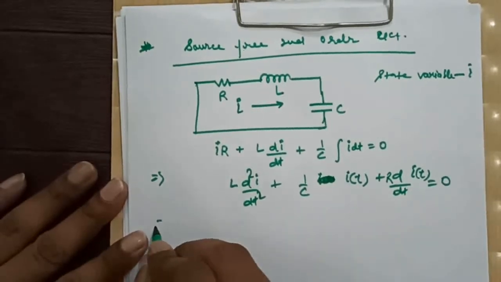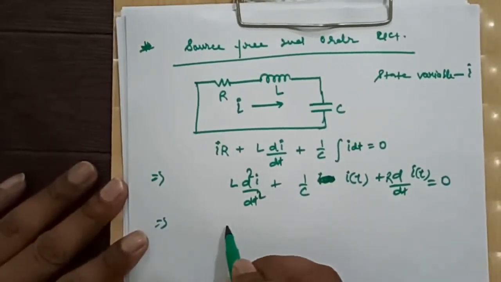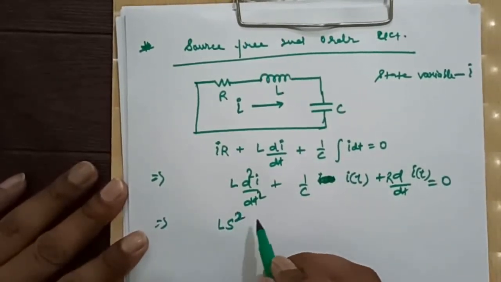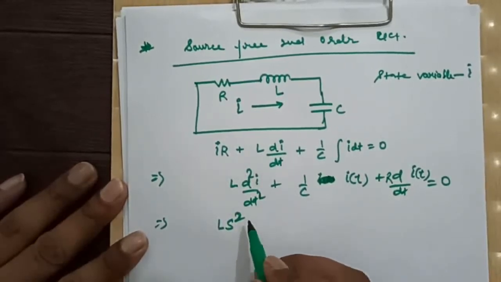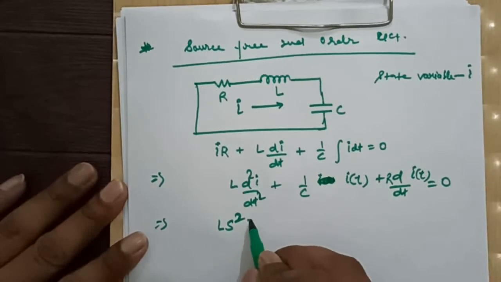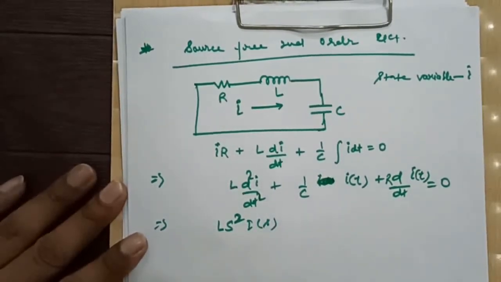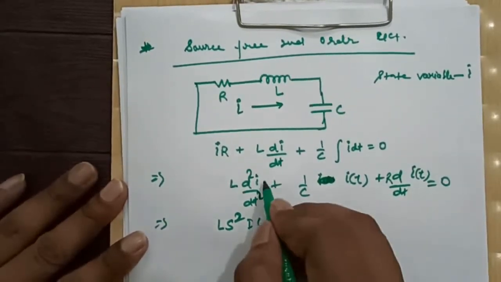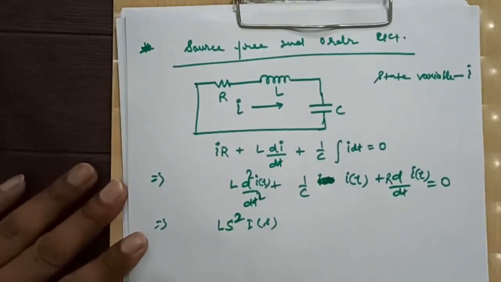Now using Laplace transform, we will have what? The Laplace transform of this part will be L s square I(s), where I(s) is the Laplace transform of this I(t). Clear?